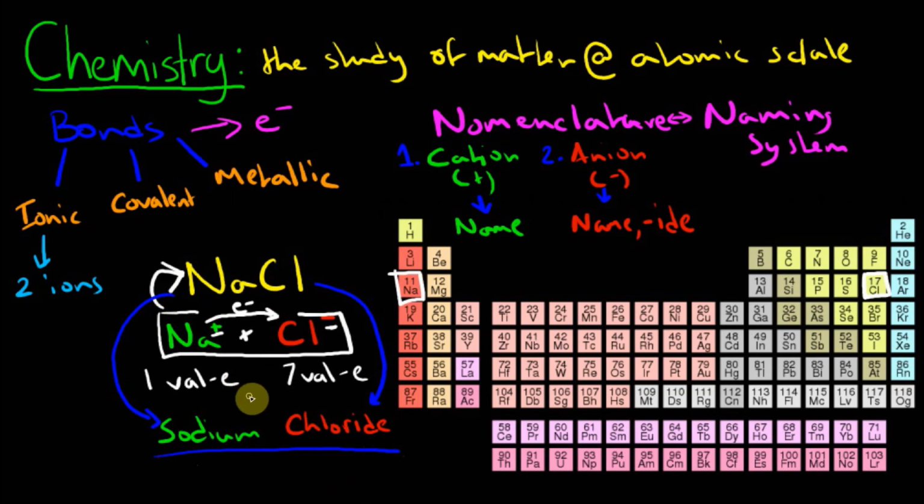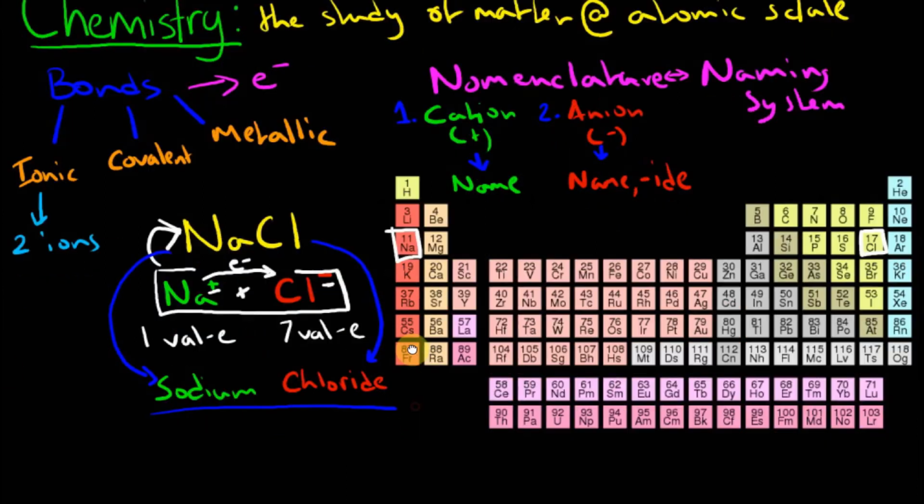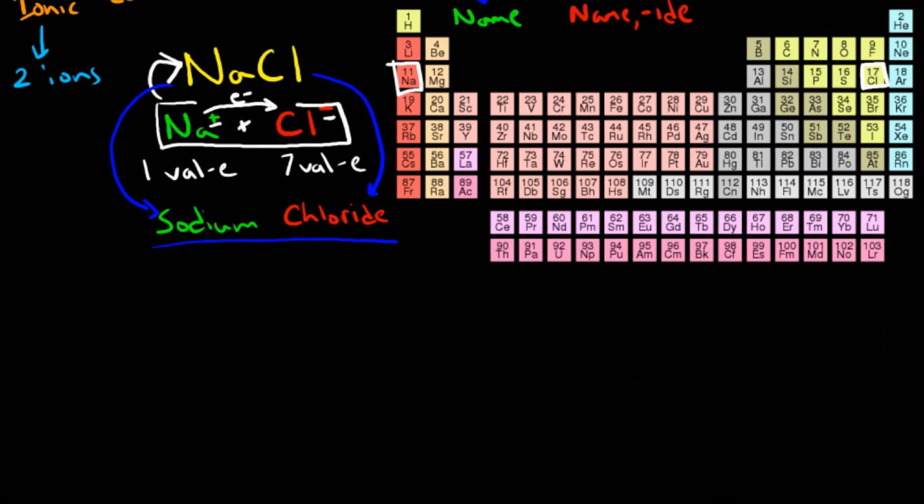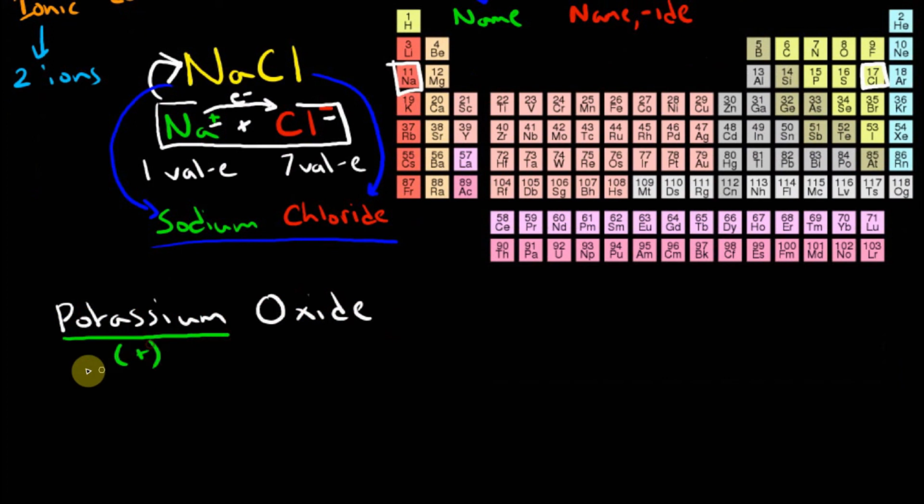Now, let's try another example. This time, we'll go from the name to the scientific formula. We'll use potassium oxide. So let's split it into the two parts. We have potassium. That's going to be the cation because it's first. And then we have oxide.